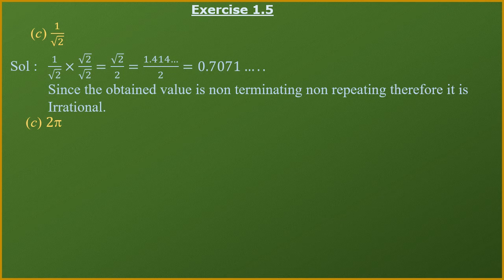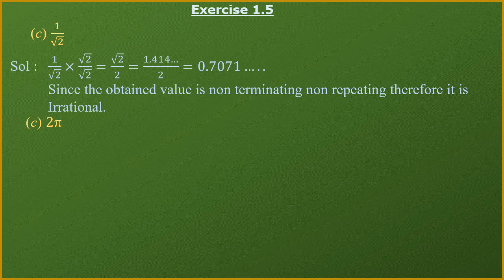The value of pi we normally take in the decimal form 3.14, but remember this is not the exact value of pi. We take approximately pi equal to 3.14 up to 2 places of decimal. Actually the value of pi we can find out up to millions and trillions of places, and we came to the conclusion that pi is a non-terminating, non-repeating decimal.